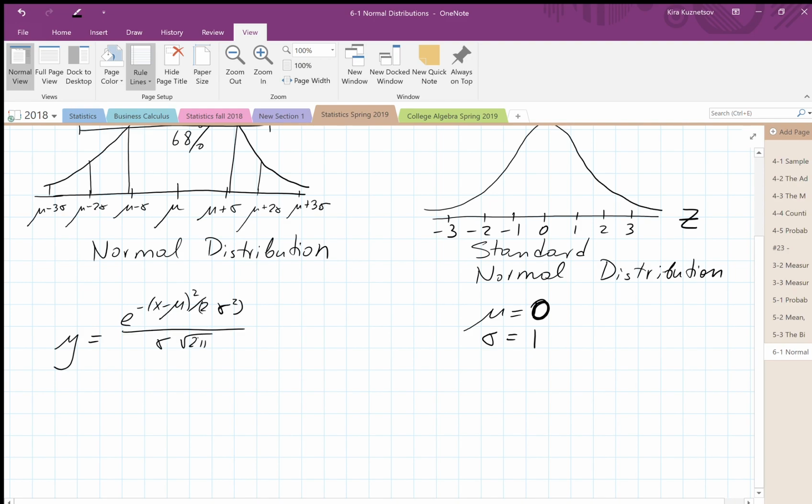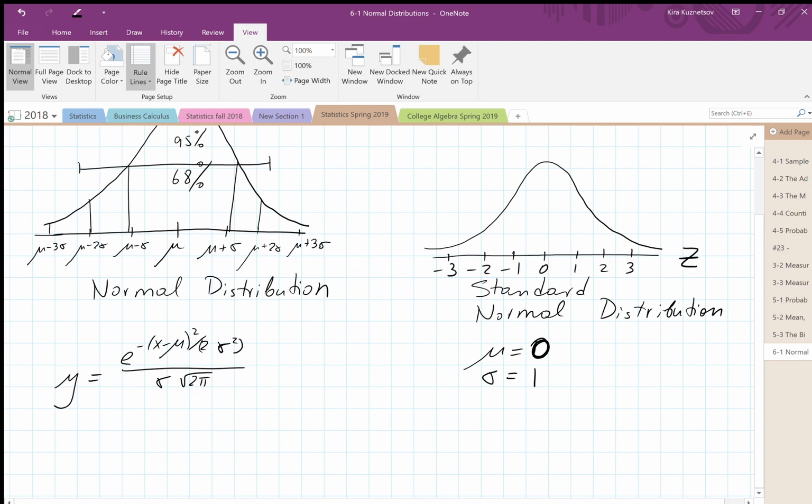Now, you don't need to use this formula. This is just something interesting for people who study calculus. And again, this is a distribution.